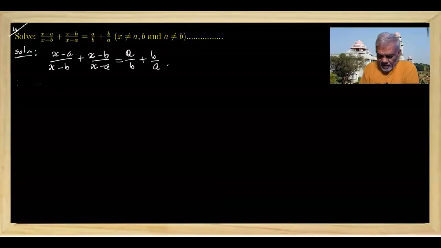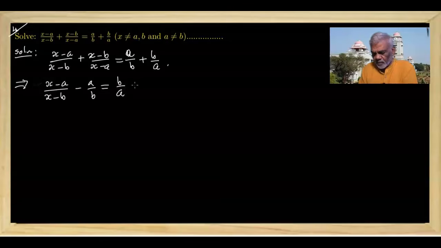This can be written as (x minus a) divided by (x minus b) minus a by b. This term can be brought into the left hand side, and b by a equal to b by a minus (x minus b) divided by (x minus a).